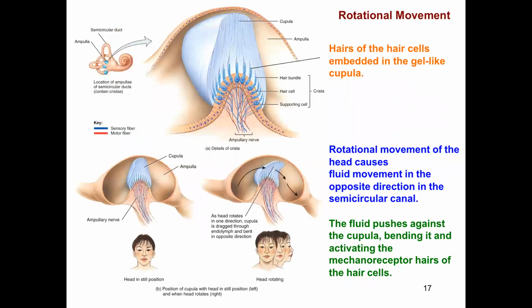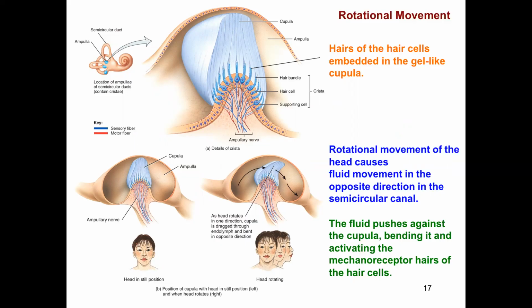Now, rotational movement. Again, we have hair cells, but in this case, the hair cells are not banging up against the tectorial membrane when a basilar membrane is being bent or flexing.